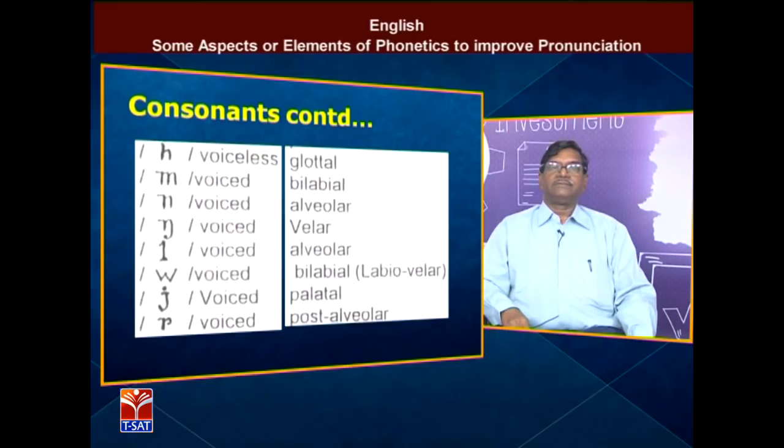And then l, w. This is a bilabial sound, that is to be pronounced like this, w.